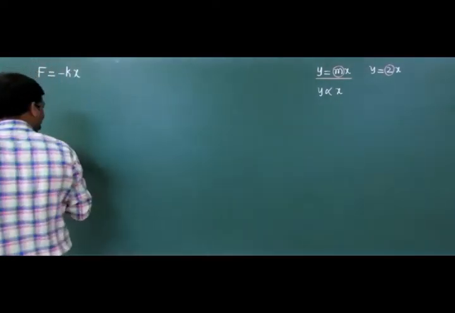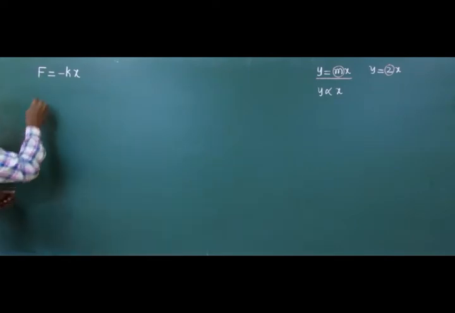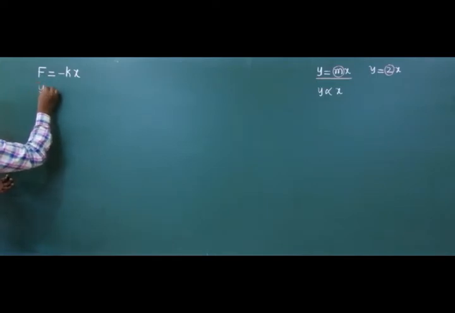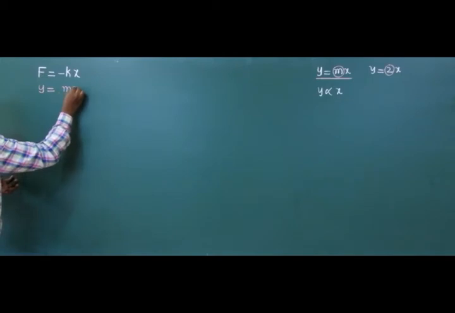Okay, so F is equal to minus kx. Here F is nothing but y, which is equal to m into x. Clear? So m is equal to minus k.